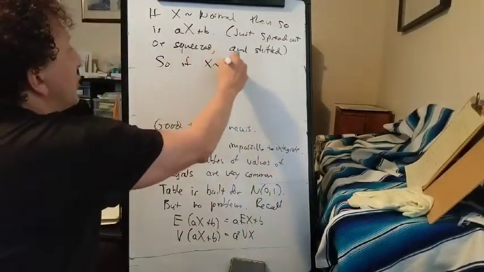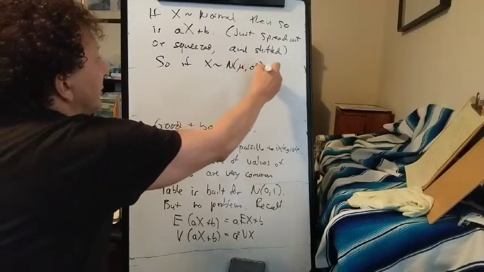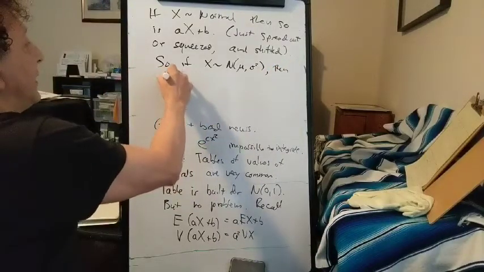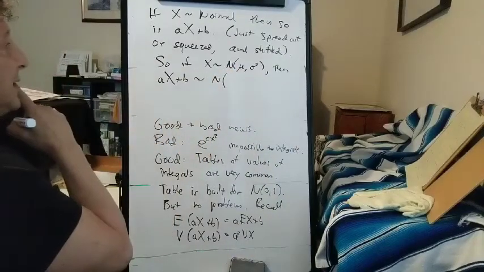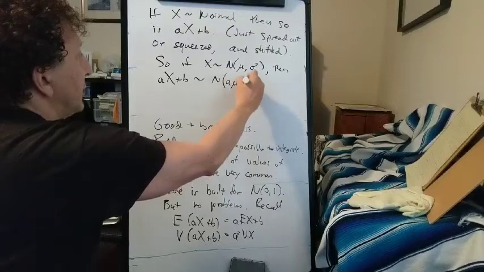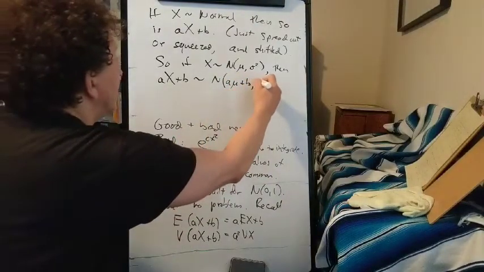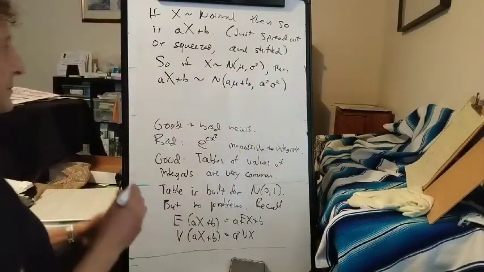So if X is a normal random variable with mean mu and variance sigma squared, then aX plus b is normal also, but the mean is now, let's see, the expected value is going to be a mu plus b, and the variance is going to be a squared times sigma squared.